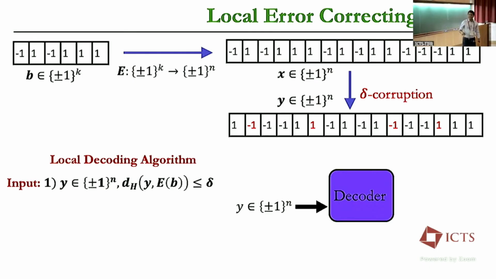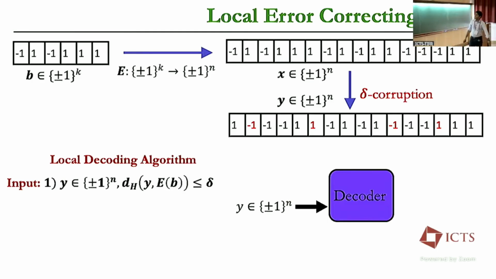By the way, you would never represent a message by the notation b in coding theory. I do it to keep it more faithful to the previous part of the talk, so eventually b will remain b. Anyway, your goal is to take such a y and get back the message b.